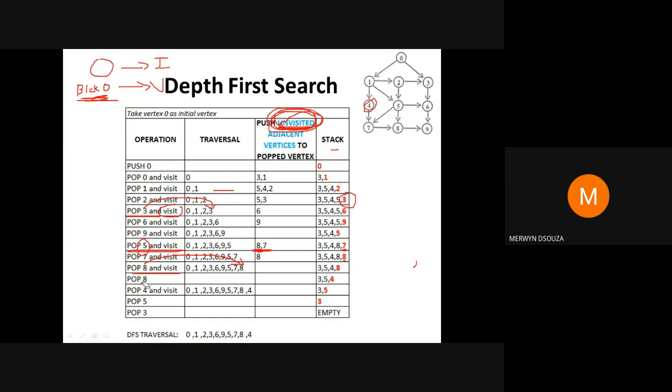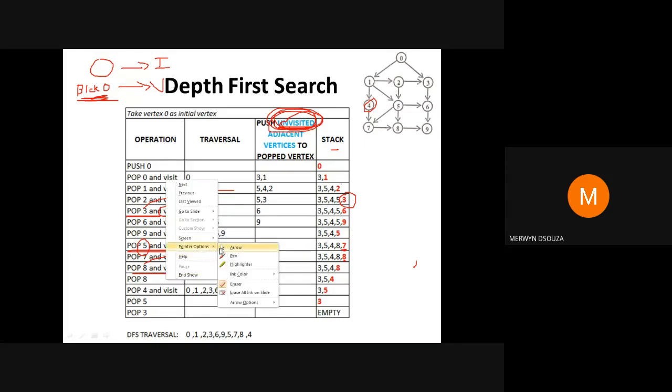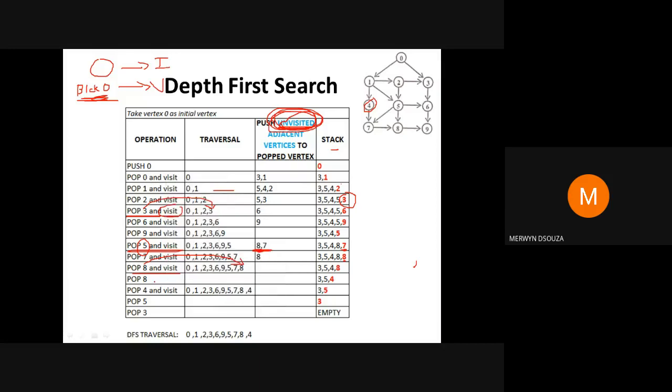When you pop 8 and visit, there is nothing to visit. You could write it here again, but the same thing would be written, because you cannot write 8 two times. You are not going to write it here because 8 has already been visited.